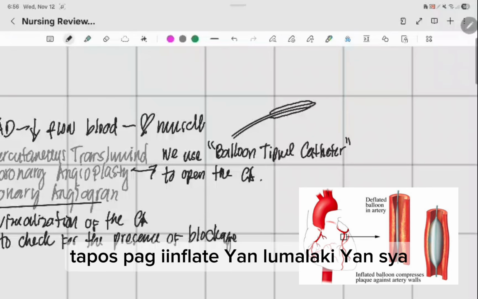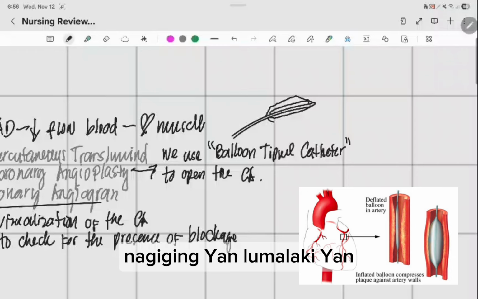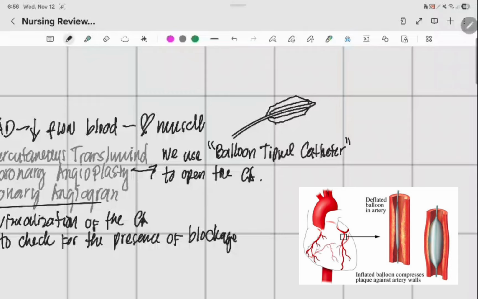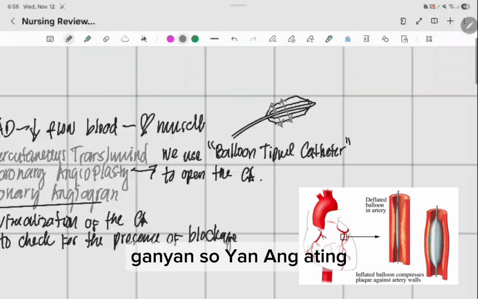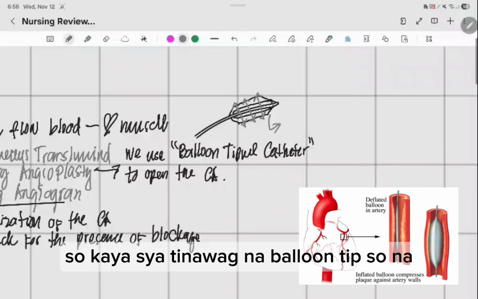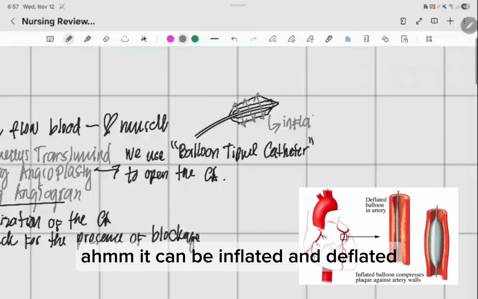Tapos pag i-inflate yan, lumalaki siya. So yan ang ating balloon tip catheter, kaya siya tinawag na balloon tip. It can be inflated and deflated.